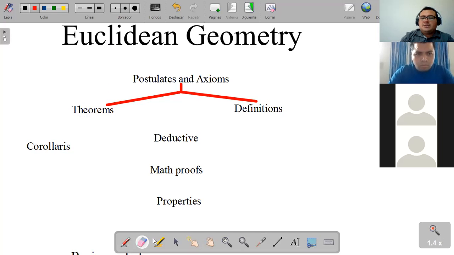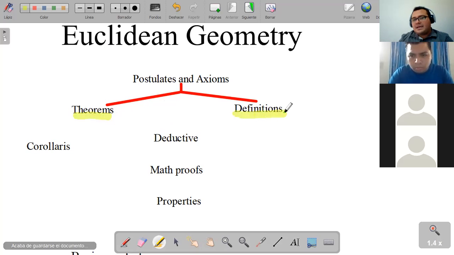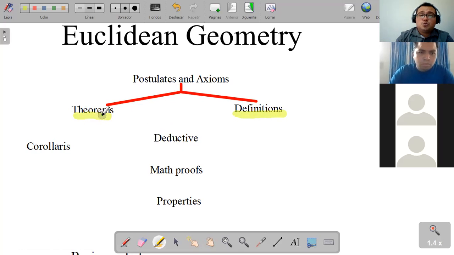So based on those postulates, you can create theorems, which are truths that can be proven, or definitions that are truths that can be seen. Postulates, truths that have to be accepted. Axioms, the same. Theorems, truths that can be proven. Definition, truths that you can see.